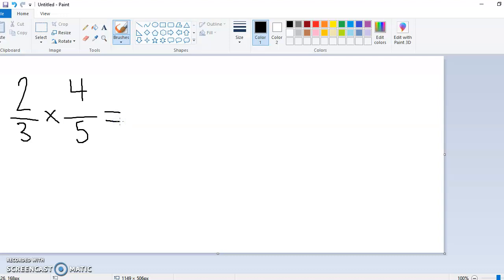You just multiply across. So 2 times 4 here, that's 8. And 3 times 5 is 15. Now, because these numbers have no numbers in common, to make them into a more simple form, this is it. So 2/3 times 4/5 is 8/15, and you're finished with that.